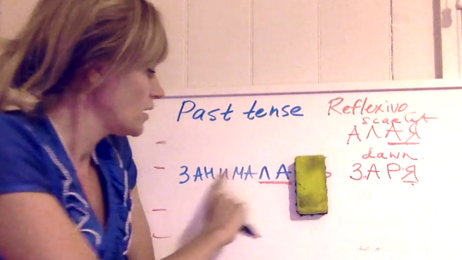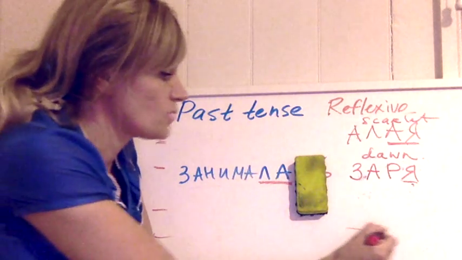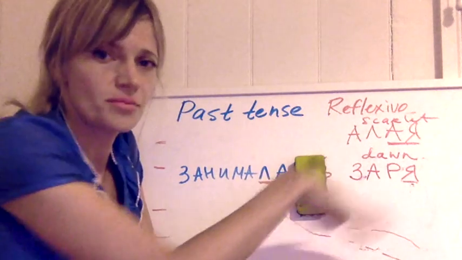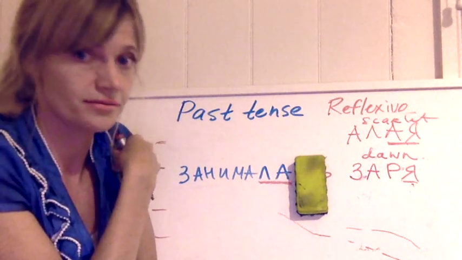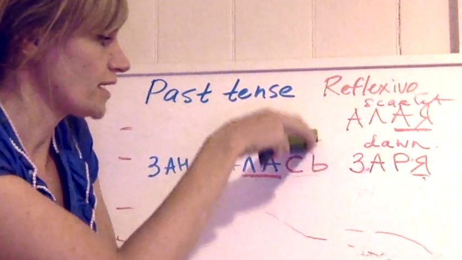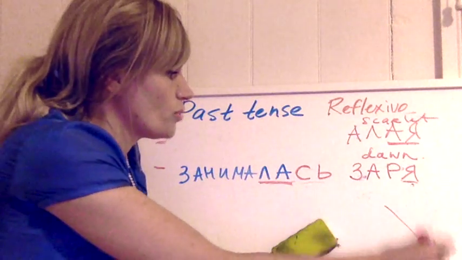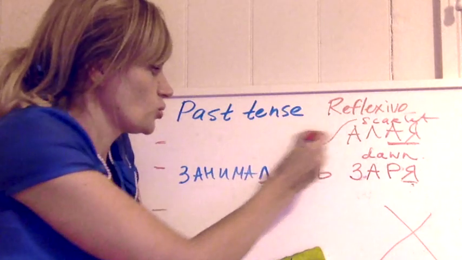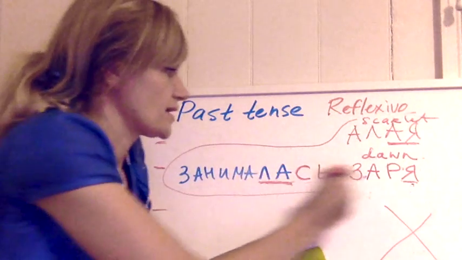Алая заря occupied somebody else. Got busy with somebody or something outside itself. But when we open the reflexive, see, there is nobody else here. It's just within the алая заря.